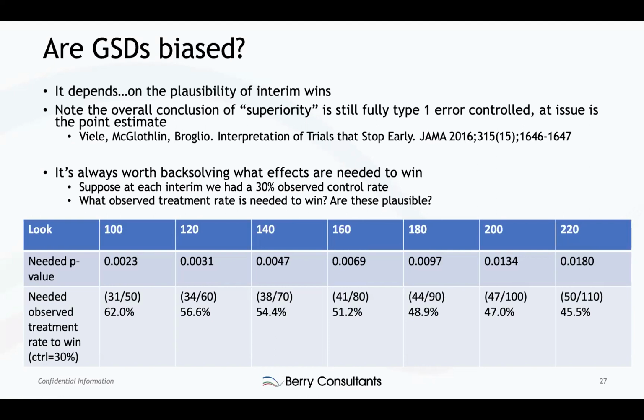So 30 versus 62% is a win. 30 versus 50%, if those are the observed values, that's not a win yet. Presumably you'd continue and see what happens at the later interims. So you can do that for all of these interim analyses, and you can say, here's what I need on the treatment in order to win the trial.